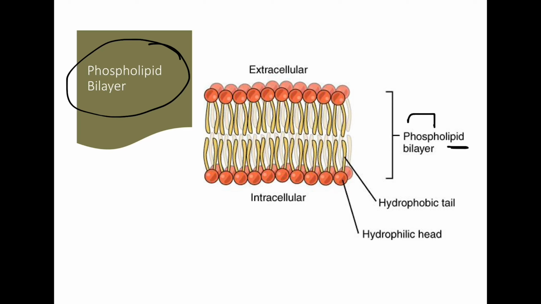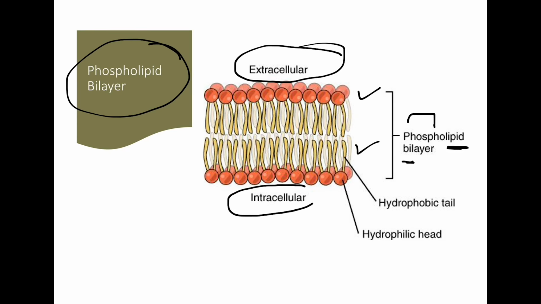Lipid refers to fats. Bi means two, layer means obviously layer. So the phospholipid bilayer is two layers, 1, 2. We have one component that's facing the outside of the cell, and the other side facing the inside of the cell, or the intracellular portion.